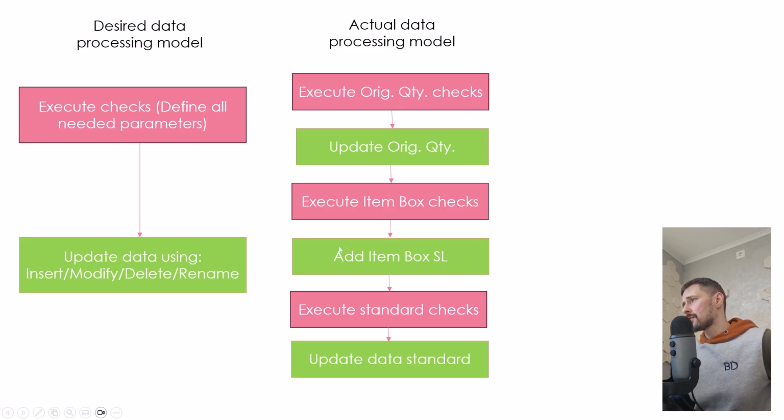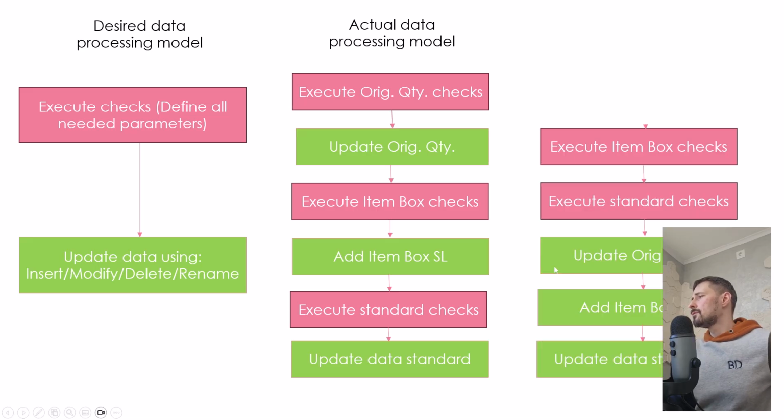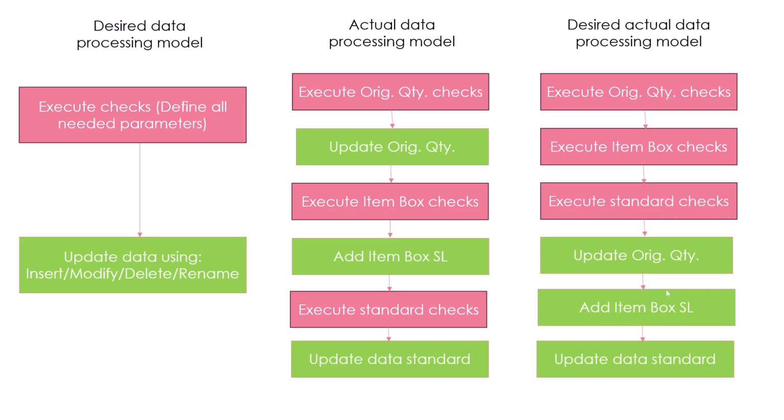So write transaction is immediately started here, and only after that standard checks are executed, and then the standard write transaction takes its place. The main idea here is to make all checks be executed at the very beginning, and all the write transaction things to be executed after all checks were executed.